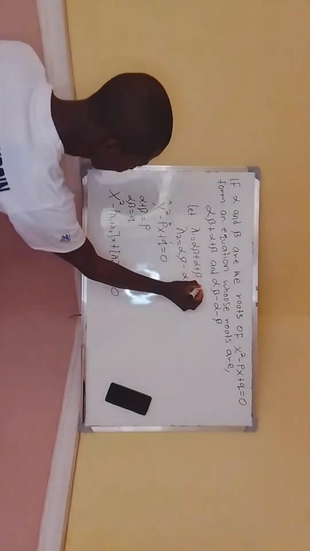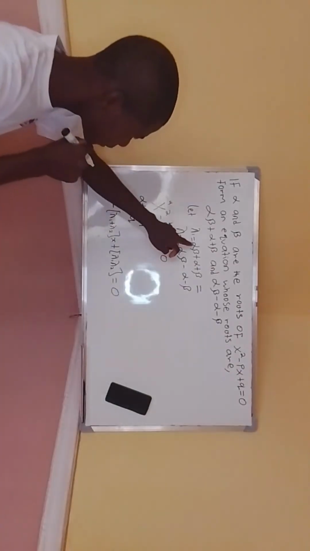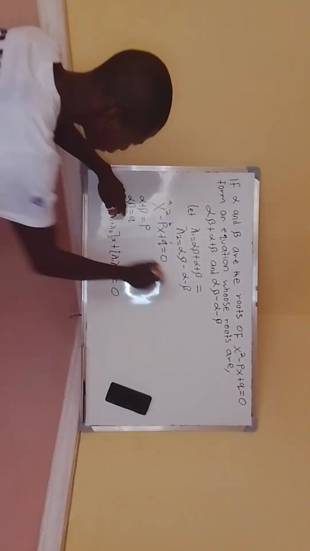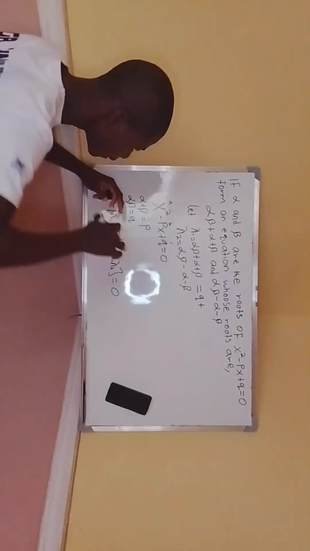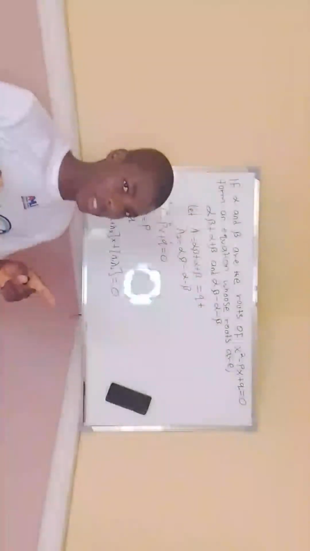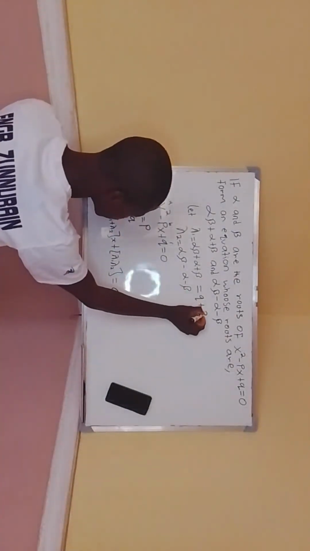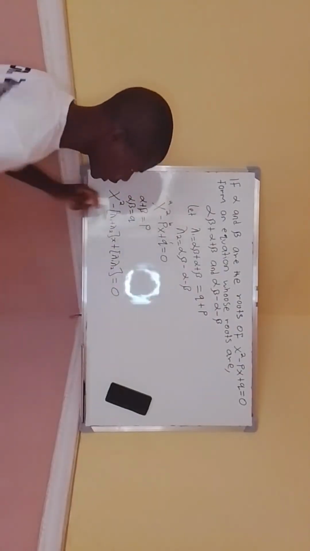Lambda 1 is alpha beta, which is q, plus the sum of the roots, which is p. So this is the new lambda 1.